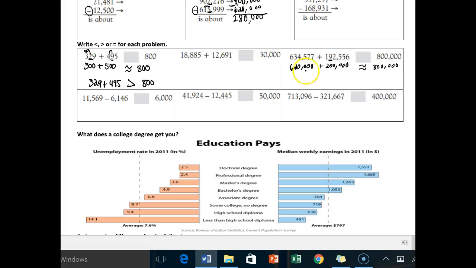So we have 600,000 some change that we rounded down to, and we're only about 8,000 away from rounding up to 200,000. So this 34,000, if you think about 34,000 minus 8,000, you got about 26,000 extra, right? So 600,000 plus about 200,000 plus 26,000 extra would be about 826,000.